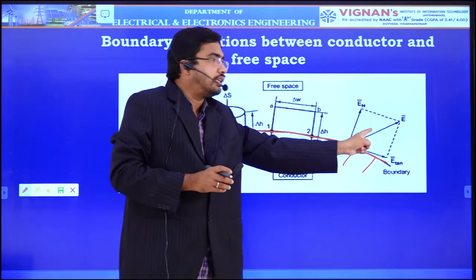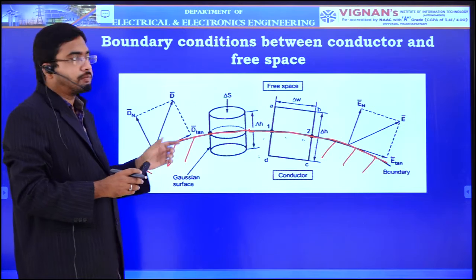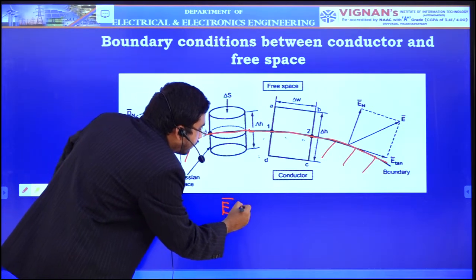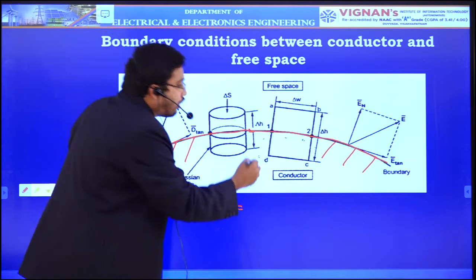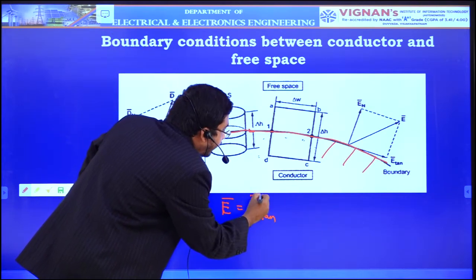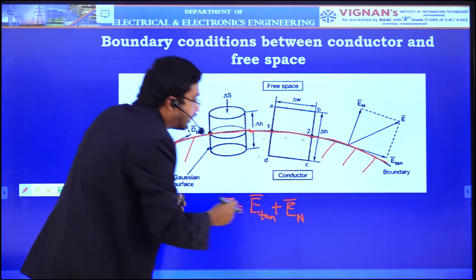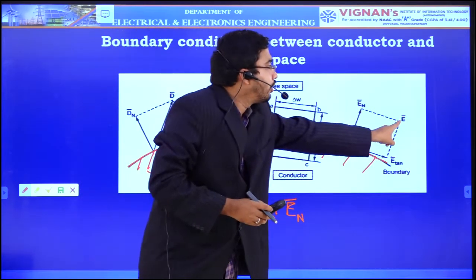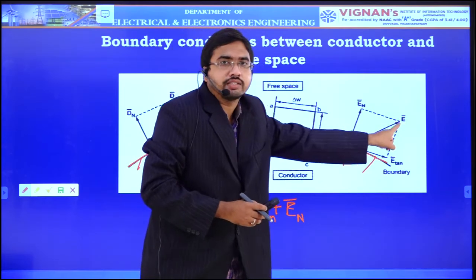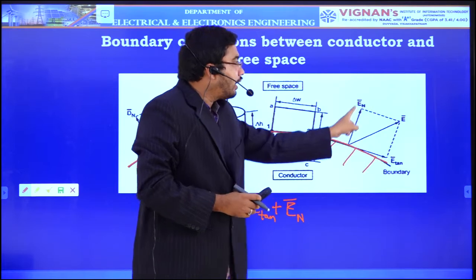electric field intensity E and electric flux density D? Your total E bar is the sum of the tangential component of E bar and the normal component of E bar. That means your total electric field intensity at this boundary is the phasor sum of the tangential component and the normal component.